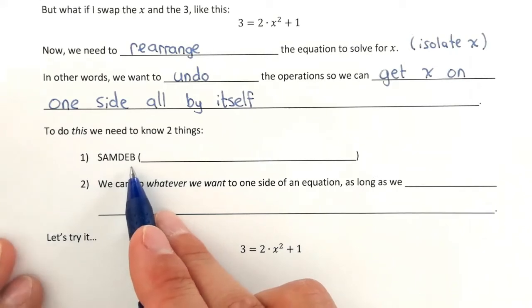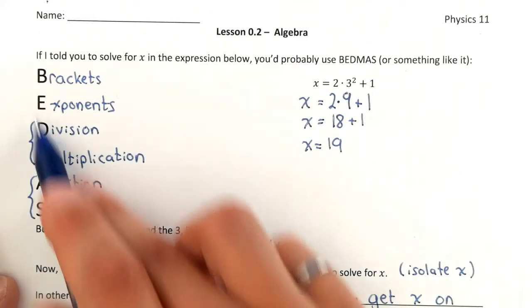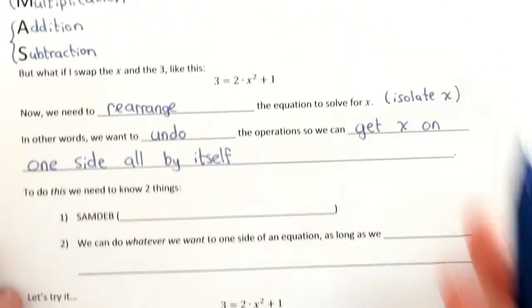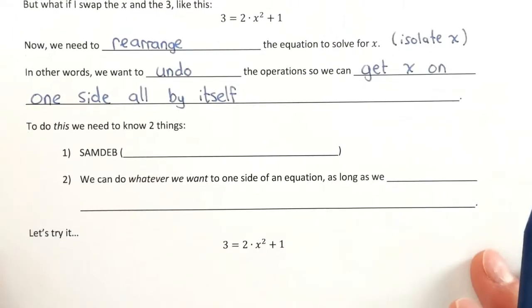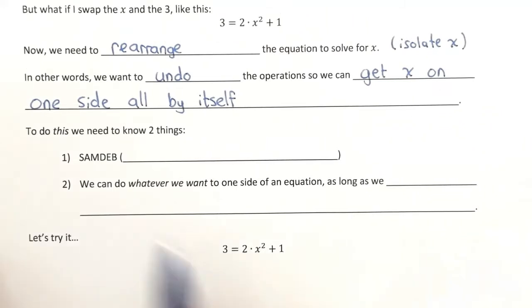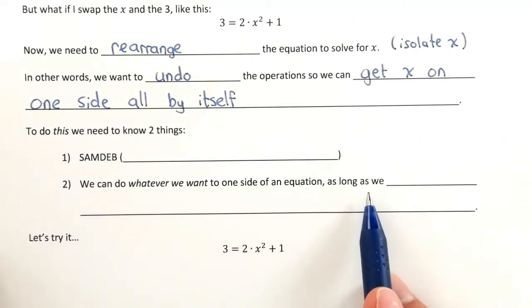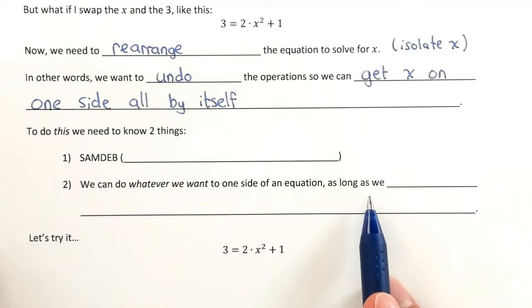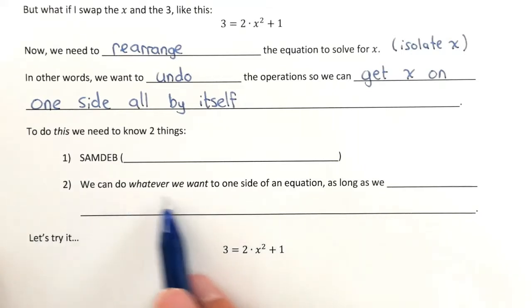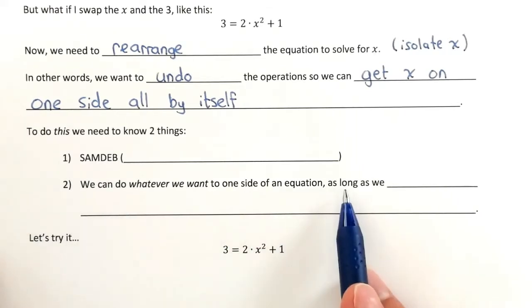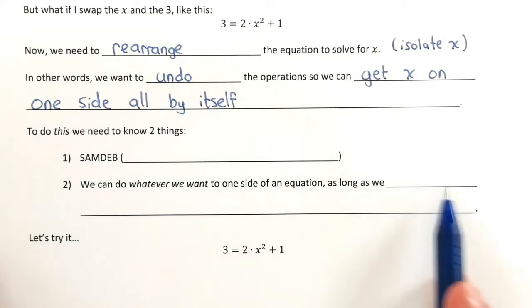No one ever actually uses this word. It's just BEDMAS, but backwards. And we need to know what we call the fundamental rule of algebra, which is we can do whatever we want to one side of an equation as long as we do the same thing to the other side.